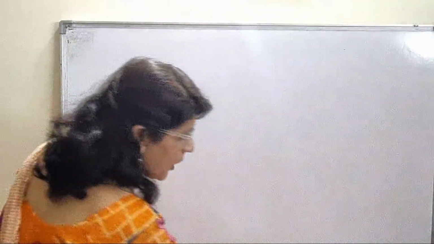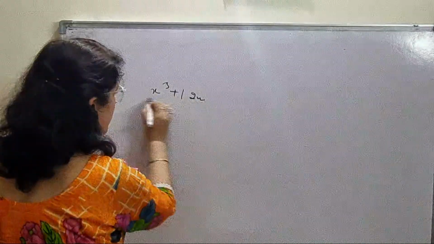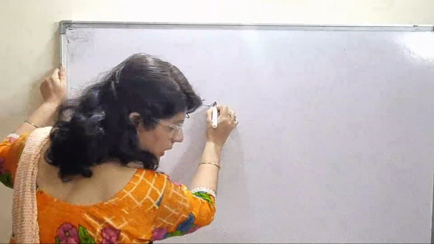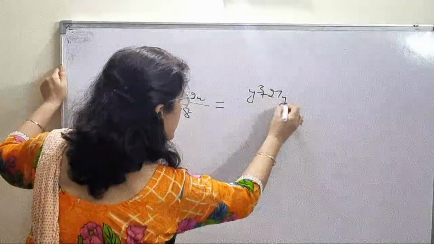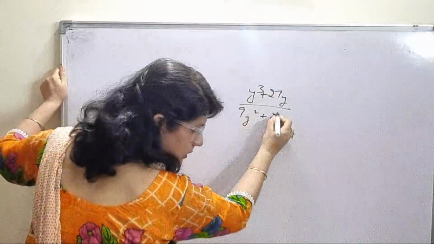Like componendo dividendo, you have to apply it here. The question is x cube plus 12x in the numerator, 6x square plus 8 in the denominator, and on the right side y cube plus 27y, and in the denominator 9y square plus 27.